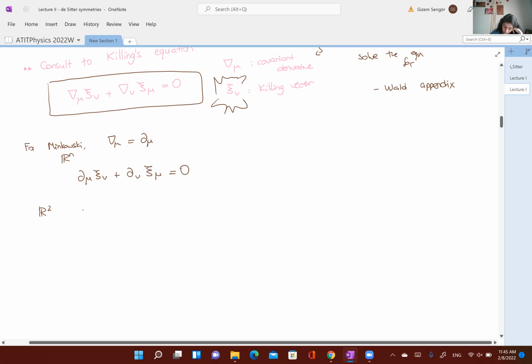So for R2, we just have 2 coordinates, there's 0 and 1. So what this equation can be is, you keep picking.